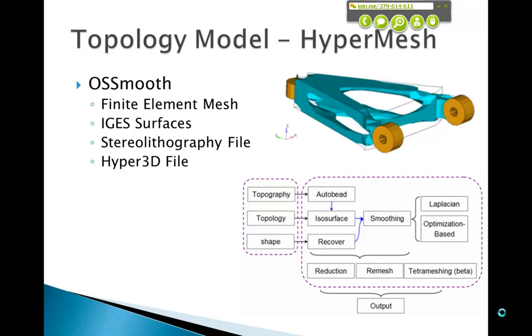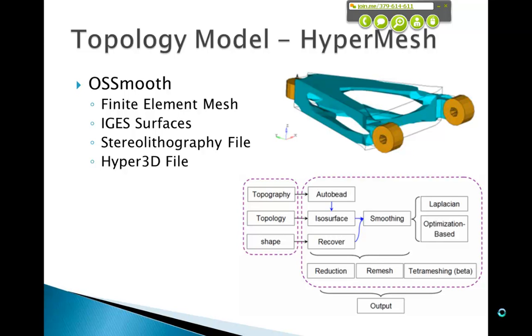Those isosurfaces can then go through a smoothing algorithm, and the result of the smoothing algorithm can either be a Laplacian smoothing or it can be an optimization-based smoothing. And once you have that smoothing result, then that information is dropped down to a phase of either doing a reduction, a remesh, or a tetrameshing result.